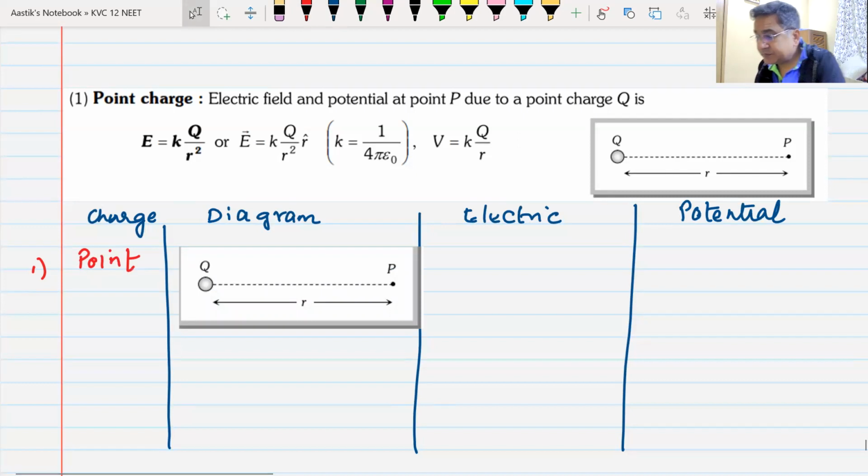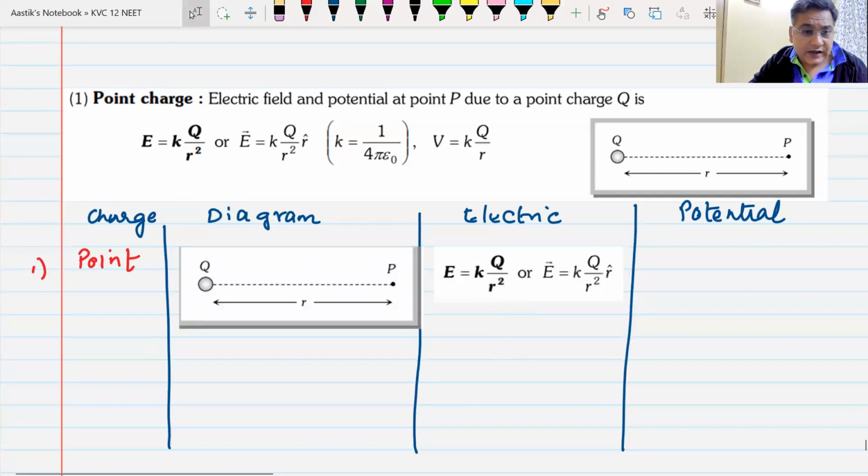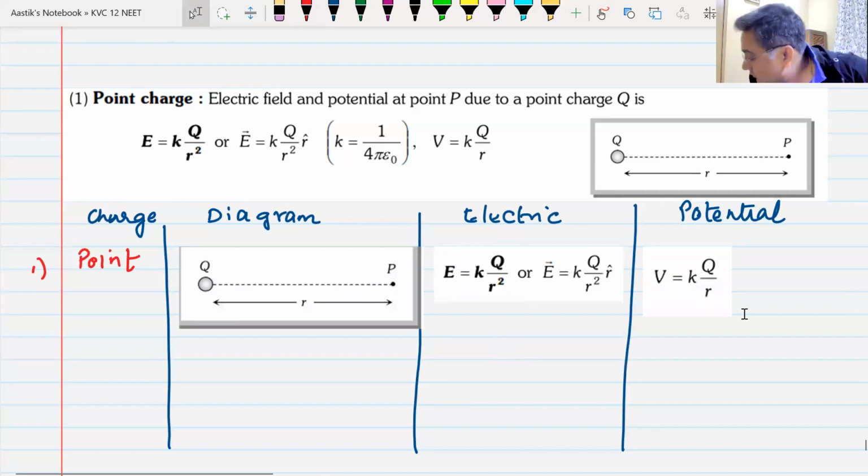I hope you are understanding what I'm doing here. In the third column, I will write the value of this electric field, and in the fourth column, I will write the value of electric potential like this. Do we understand this? So this is how you can make this table.